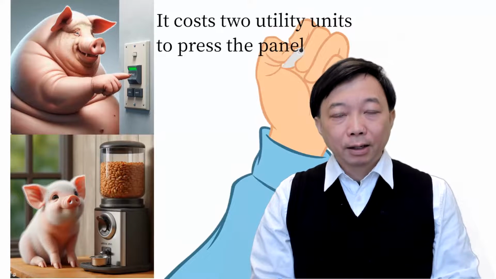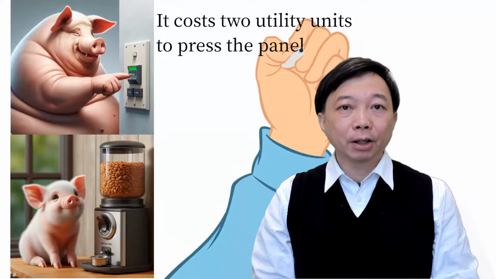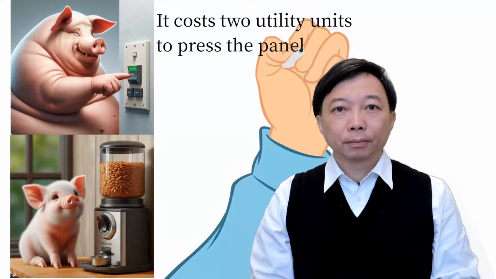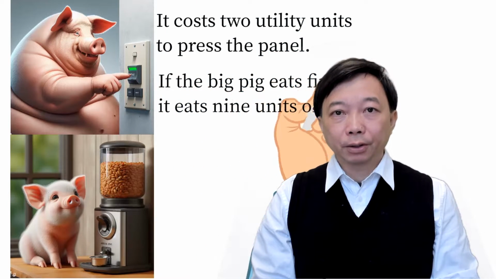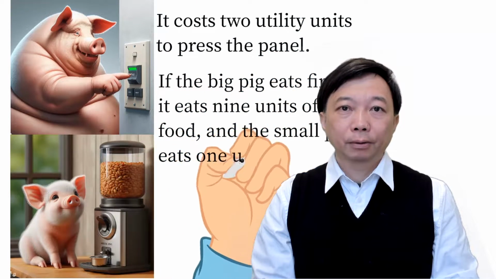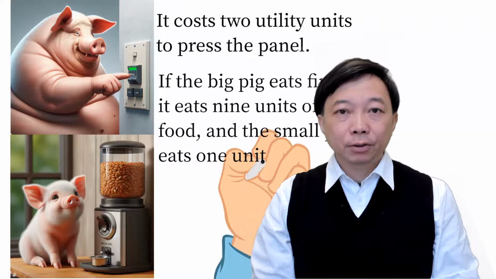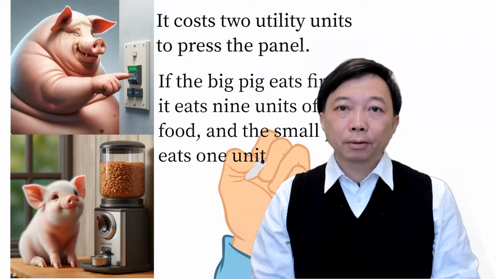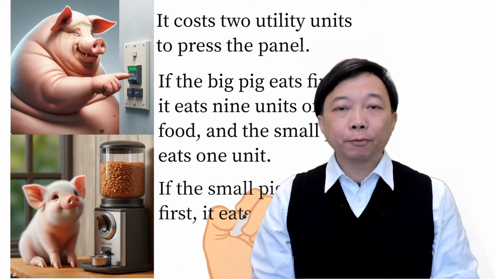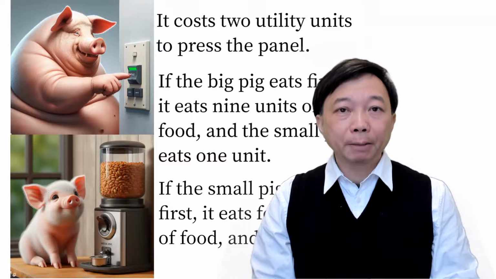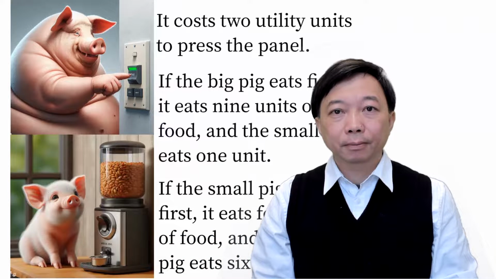The big pig eats faster than the small pig. If the big pig eats first, it eats 9 units of food, and the small pig eats 1 unit of food. If the small pig eats first, it eats 4 units of food, and the big pig eats 6.